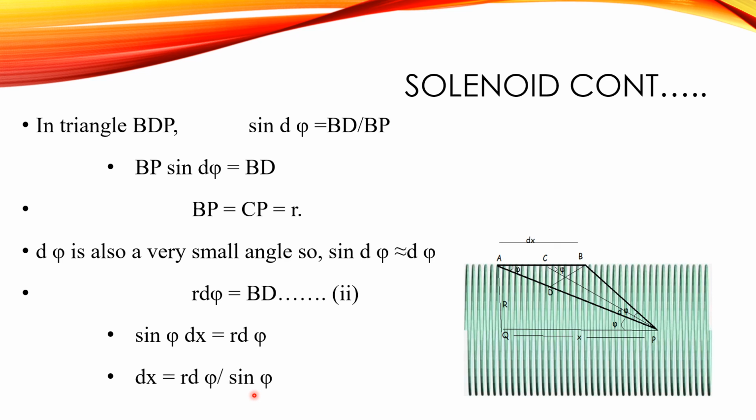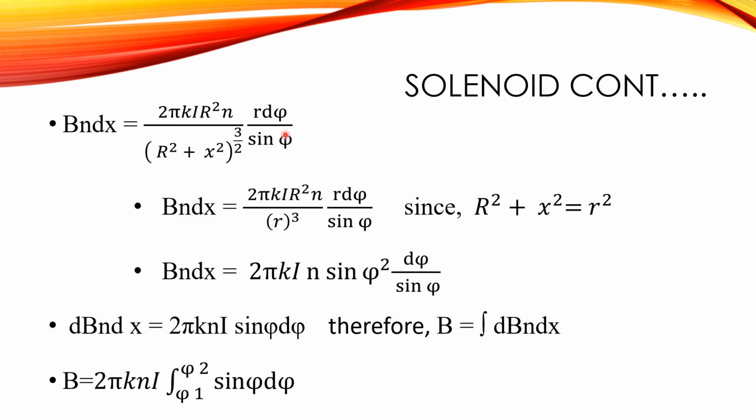Let us substitute the value of this dx in the earlier equation of magnetic field, and we get 2πk i r² n upon (r² + x²)^(3/2) into R d phi by sin phi. Here we are going to substitute r² + x² by R², and this comes out to be R³.